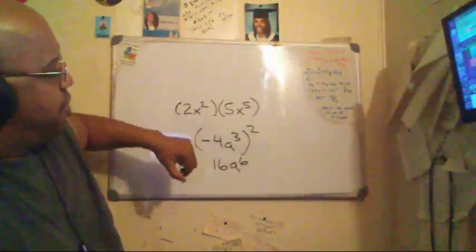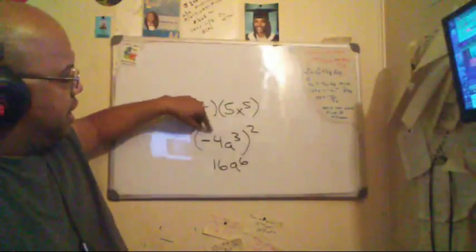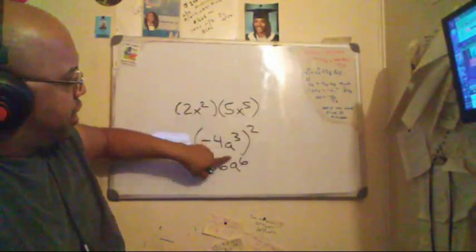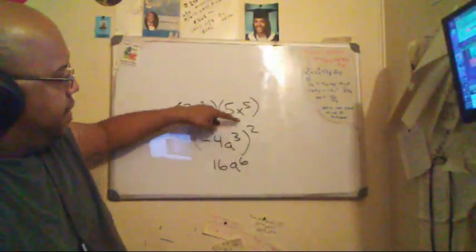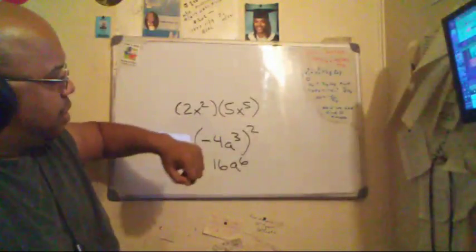In order to get rid of the parentheses, we got to deal with this square. So we deal with the parentheses and the exponents simultaneously. The negative 4 is squared, and the 2 and the 3 are multiplied.